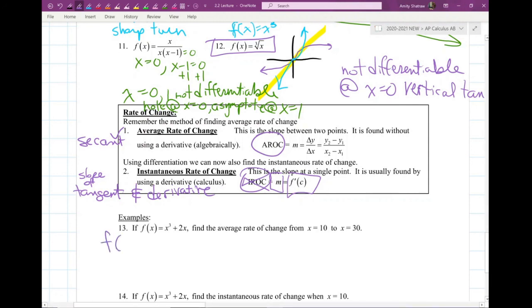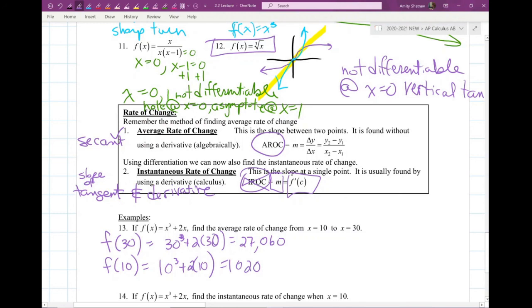And I'm literally just going to write the work down, and I'm not going to talk too much about the calculations. f of 30 equals 30 cubed plus 2 times 30, which if you pull out your calculator will end up giving you 27,060. And f of 10 is going to be 10 cubed plus 20 times 10, which if you pull out a calculator will give you 1,020.